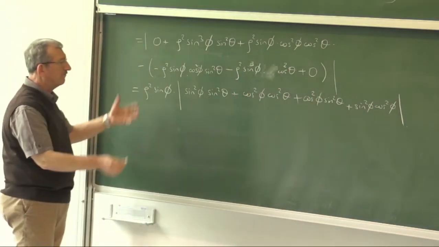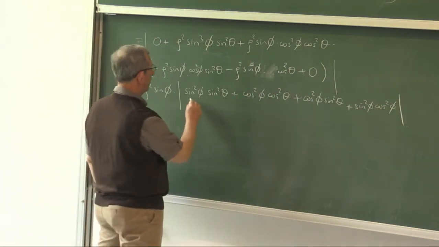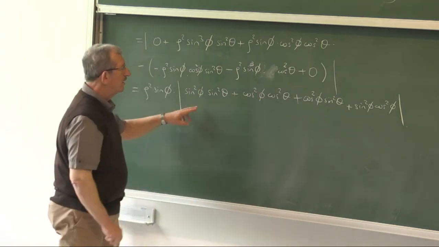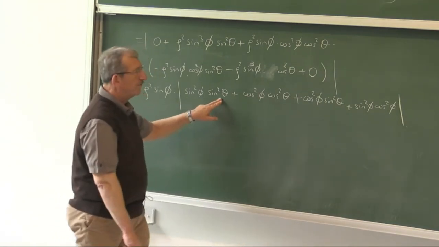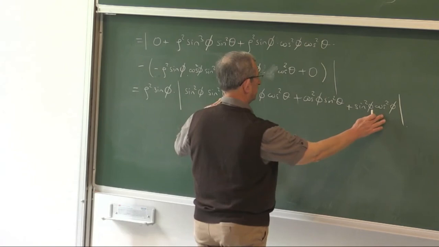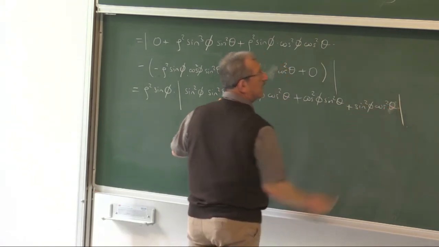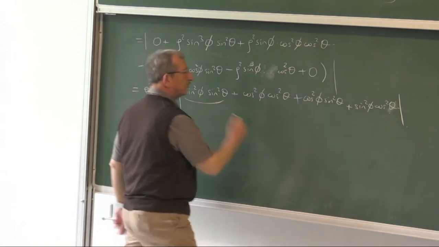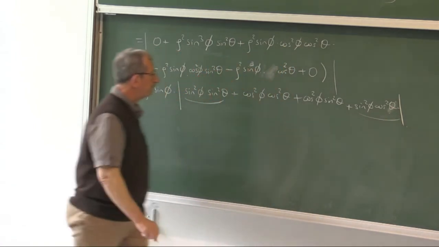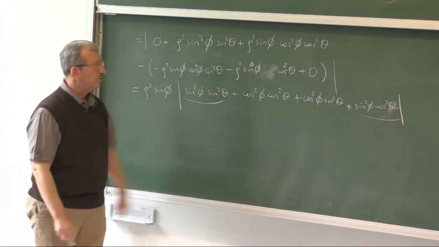Now, combining some of these, we have sine squared phi, sine squared theta, and wait a minute, this is theta, of course. And combining these two, sine squared plus cosine squared is 1.